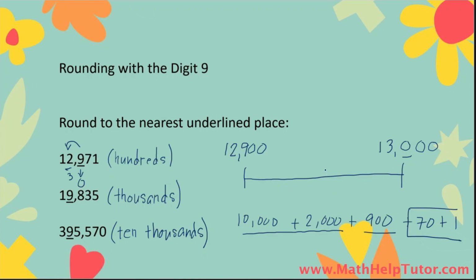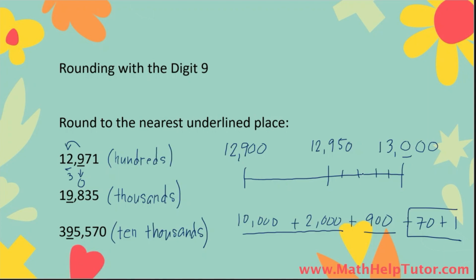Next, we find the value between 12,900 and 13,000, and that value is 12,950. Next, we look for our number in this number line. We have 12,971. If we have, let's say, increments of 10, this is 60, 70, 80, 90, and we have 13,000. So this is 12,960, 970, this is 980.